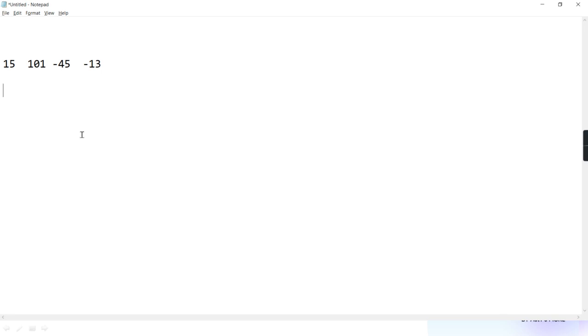So if it is 15, it will be represented as 001111. If it is 12, means 8 and 4, it will be 1100, equivalent binary. Likewise 101 will also be represented that way. Getting? It will be 64 plus 32 plus something, and the total will be 101.